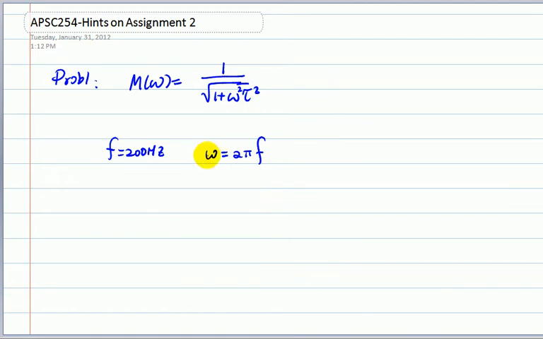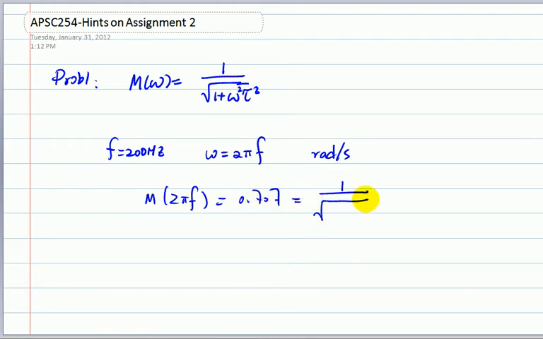This is your input frequency, in units of radians per second, so you can calculate that easily. That's your omega. What do we know? We know that at 2 pi f, this quantity equals 0.707. So that equals this, where omega is 2 pi f.